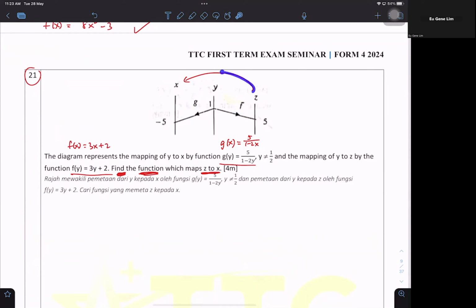So if you want to go from z to x, you must go through this part first, then only this part. This is f, so reversed is f inverse.